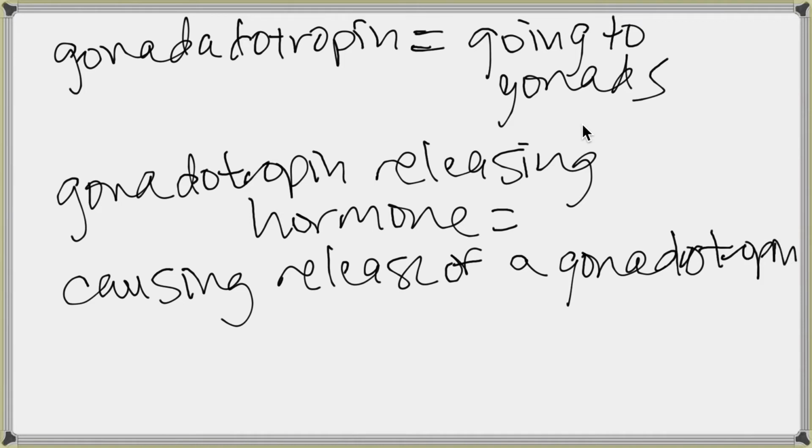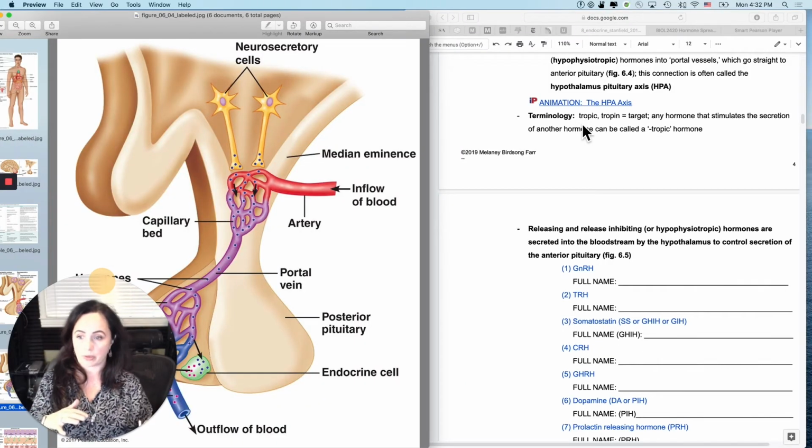Okay? All right, so hold on to that idea, and I'm going to show you what I mean as we are actually going through naming these hormones. Remember this, and then I will reinforce it, and you're going to hate it, but then you'll be fine.